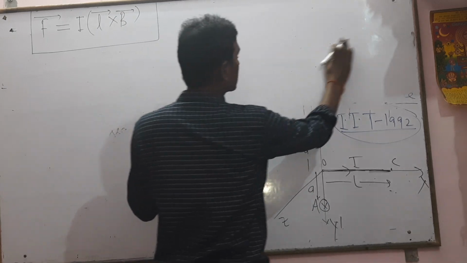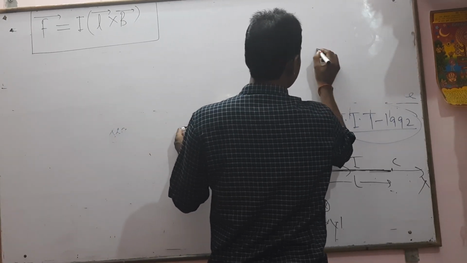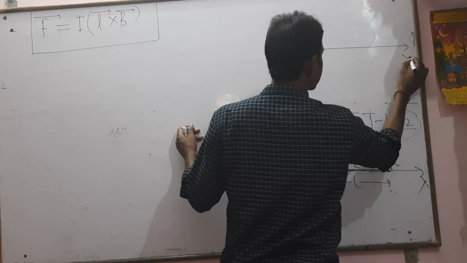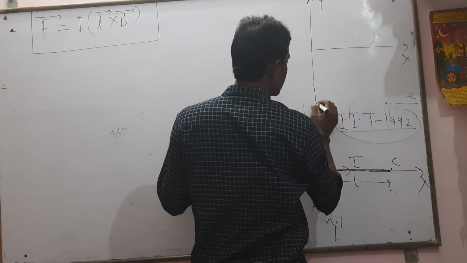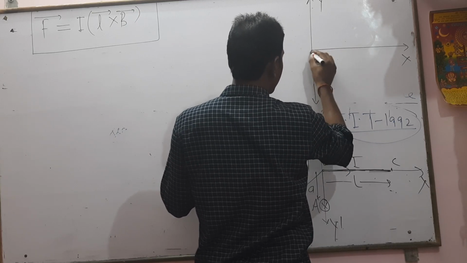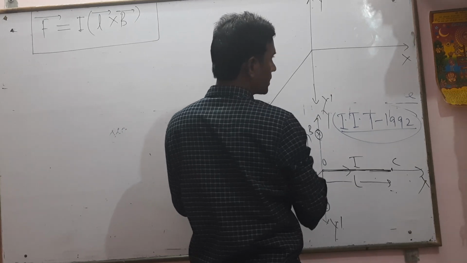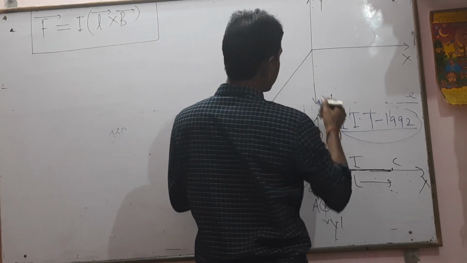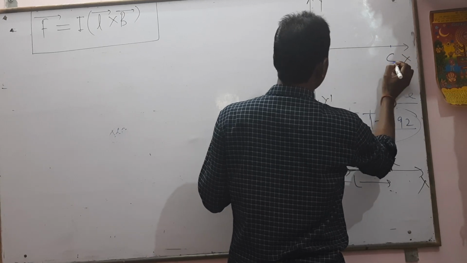Let us repeat the figure. This is the x-axis, this is the y-axis, this is y prime, and this is the z-axis. The OC wire is given, this is the O point and this is the C point.